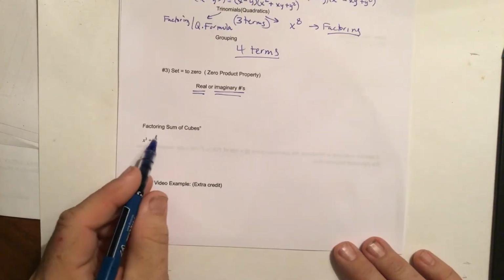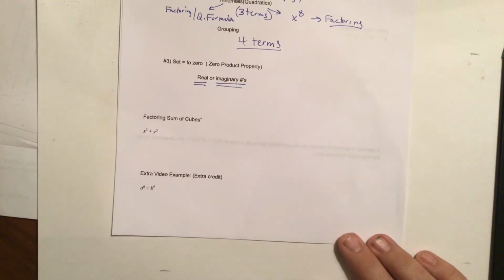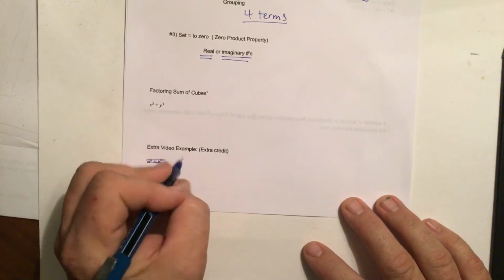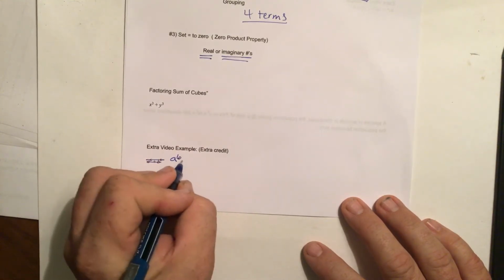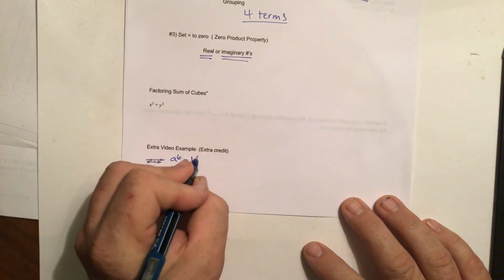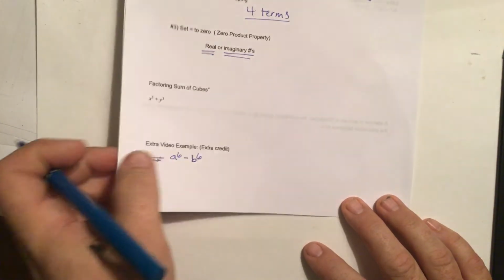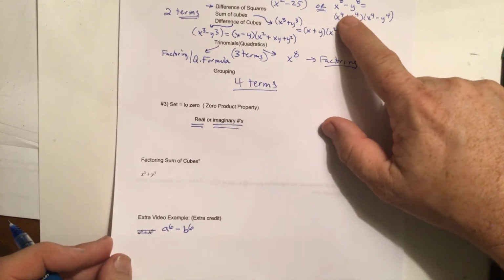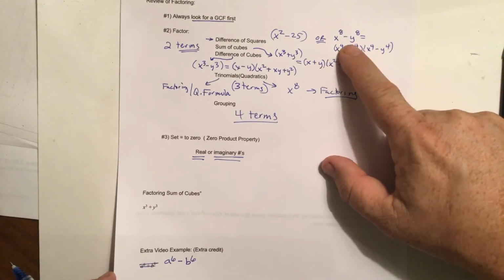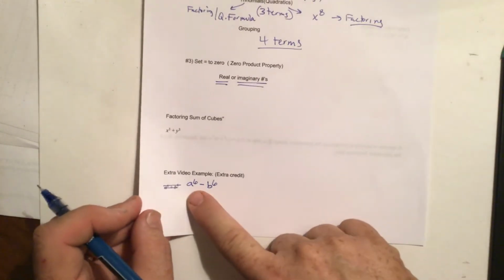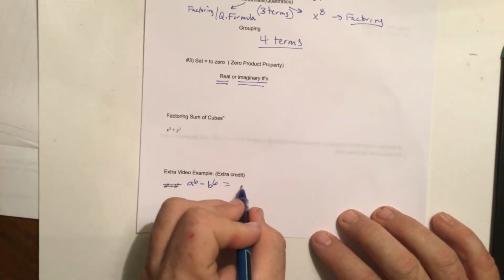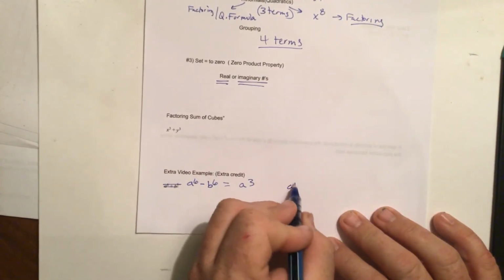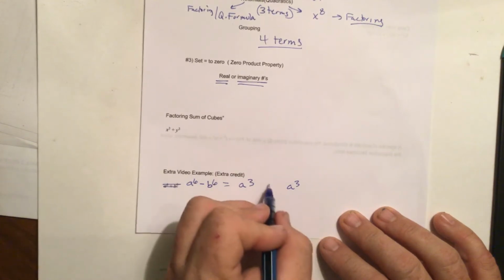So in class, we're going to deal with sum of cubes right here. In this video, let's change this to a to the 6th minus b to the 6th. Again, this is our extra credit video. We have a possibility of perfect squares, because if I divide this exponent by 2, I get a cubed, and if I divide the second term's exponent by 2, I get b cubed.